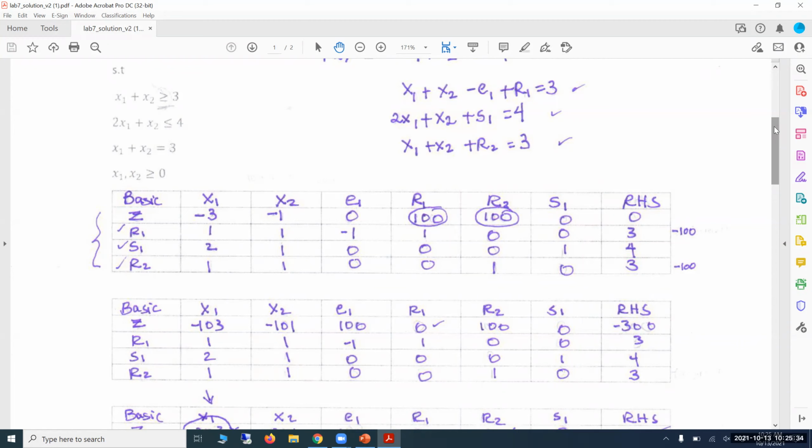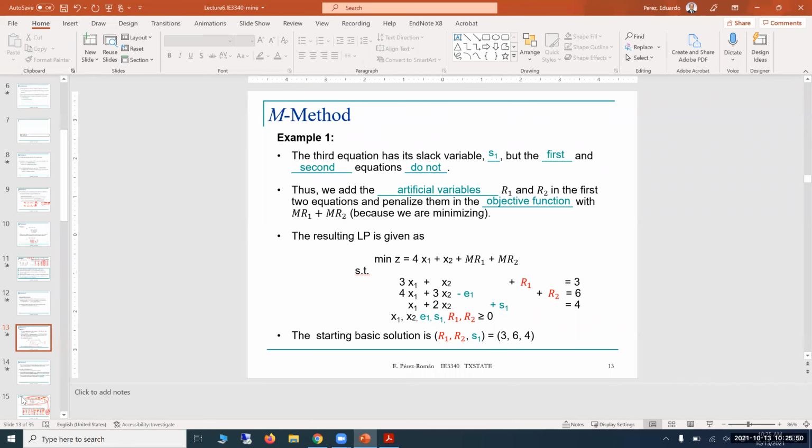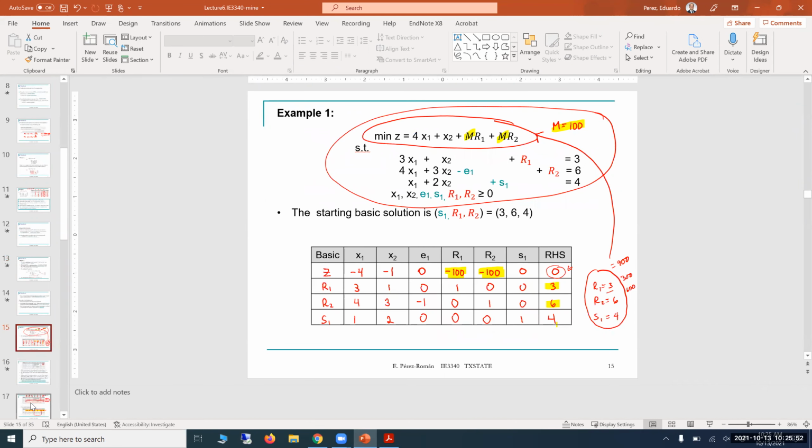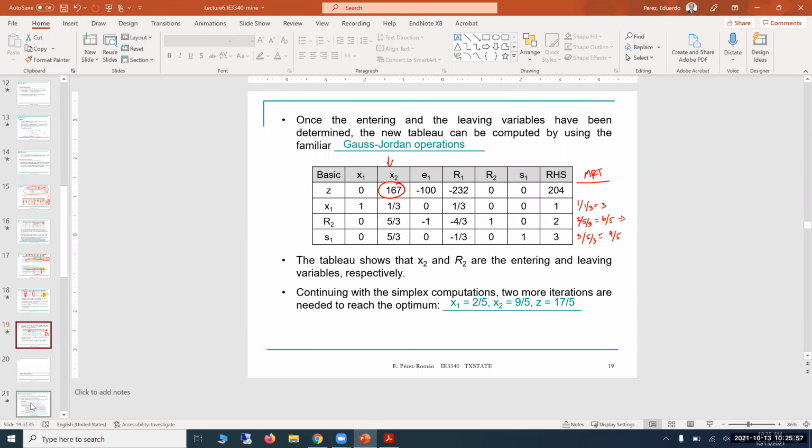So for maximization, we pick the largest negative coefficient, and for minimization, we pick the largest positive coefficient. In the lab, we're maximizing, so we pick the largest negative coefficient.